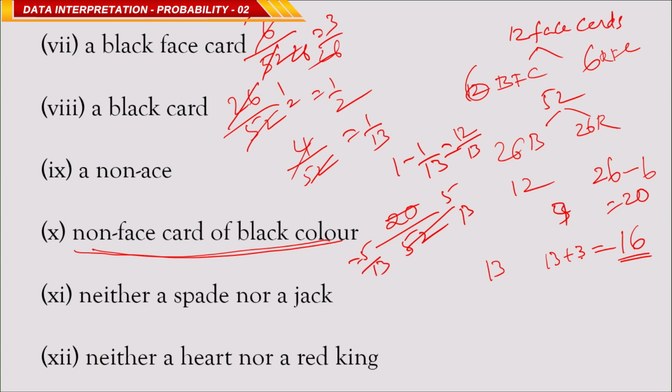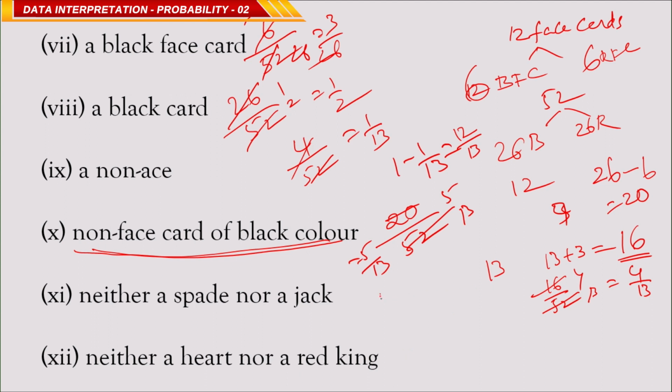So getting a spade or jack card is 16 by 52, 4 4s are 16, 4 13s are 52, so the probability of getting a spade or jack is 4 by 13. But here neither spade nor a jack means these two are complementary to each other.